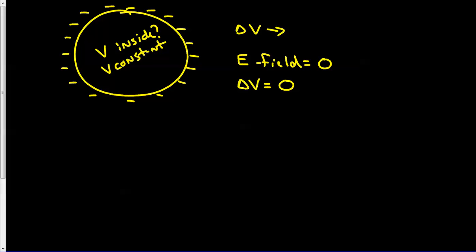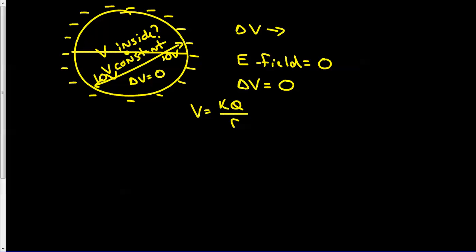It might be 10 volts, but it's 10 volts right here, and if I move from left to right, even if it's diagonally, then it's 10 volts here. So the difference in this case is 0. So I can calculate what that potential is by kq over r, and the r would be the radius of that sphere, because it'd be from the center to the outside. But that number from moving anywhere along that radius would be the same.